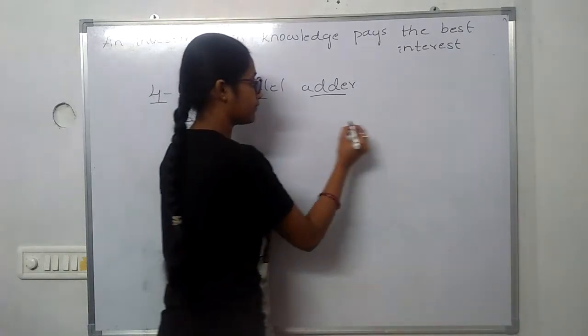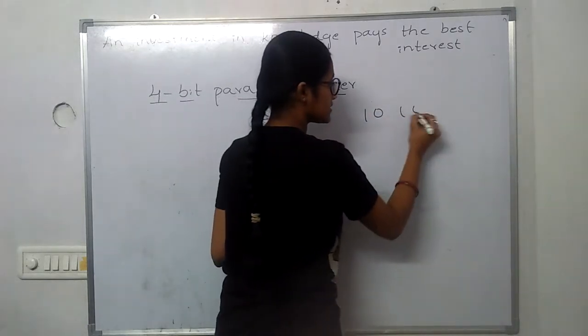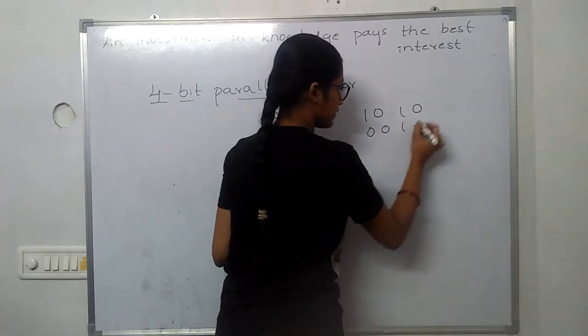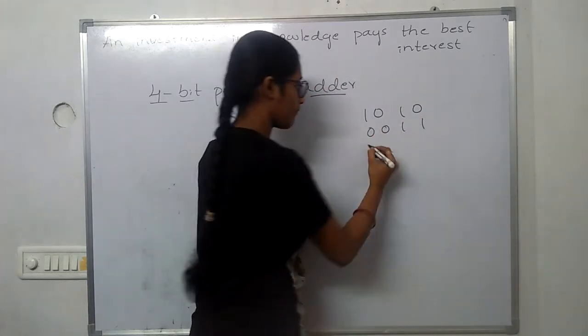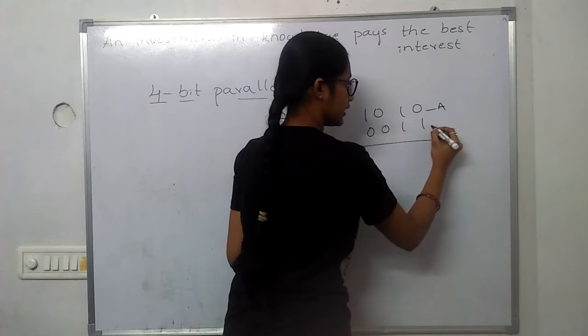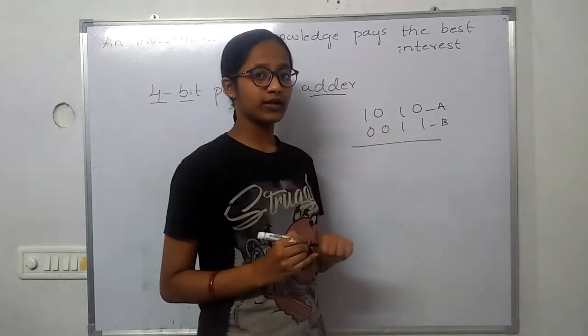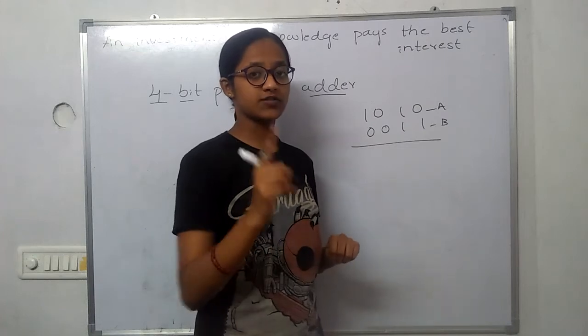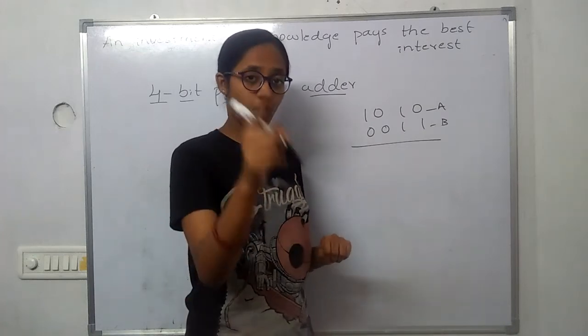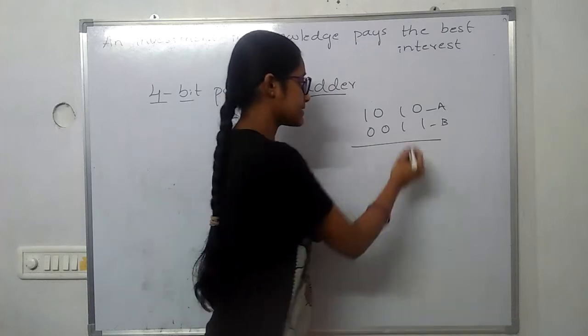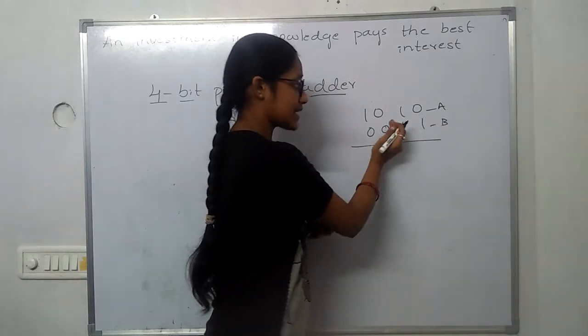I would like to add, for example, 1010 and 0011: input 1, input 2. Now tell me, is it a half adder or full adder? If you say half adder, it's wrong, because you also have to add the carry that is generated from each adjacent bit.